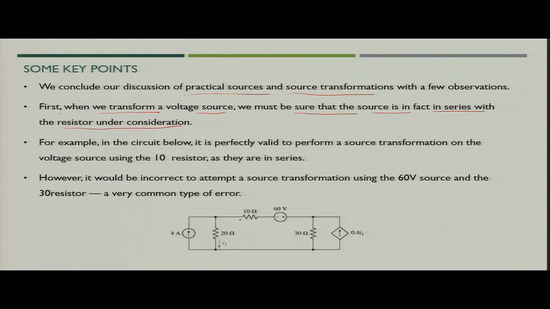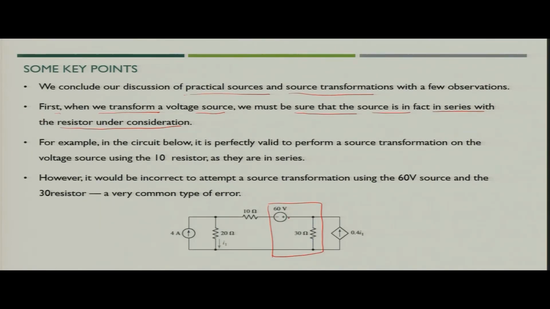Say for example, if you see the circuit below, it is perfectly valid to perform source transformation on the voltage source and the 10 ohm resistance which is in series with the voltage source. So this you can utilize, but you cannot apply the same source transformation while considering these two elements, because this 30 ohm is not in series with the 60 volt source.